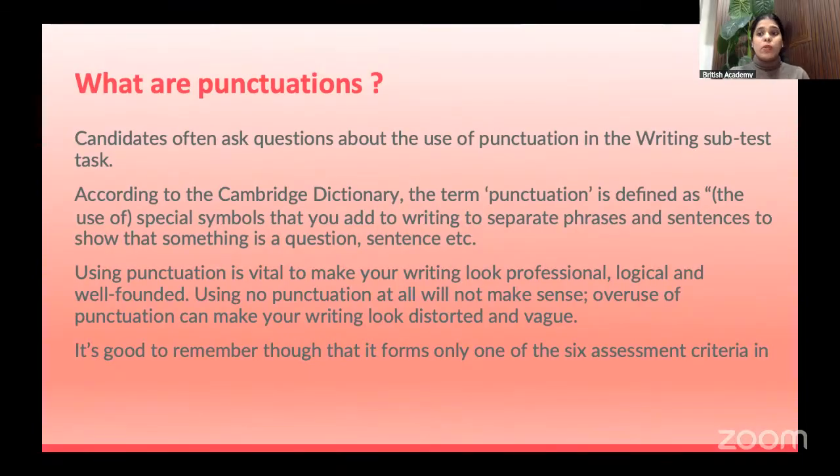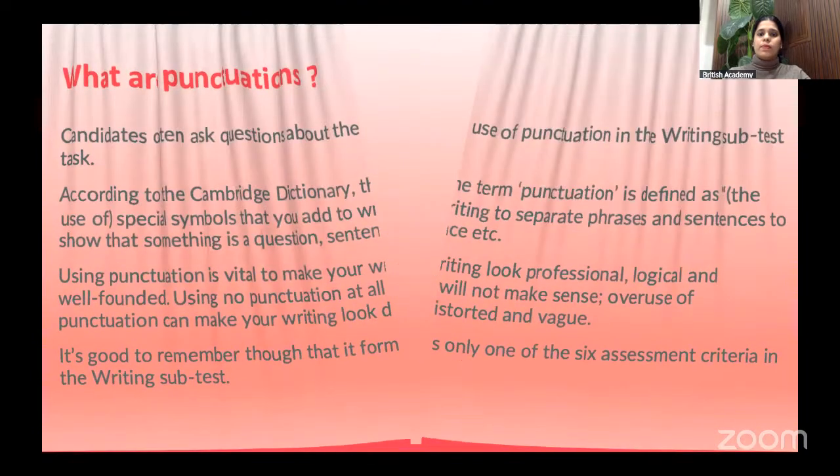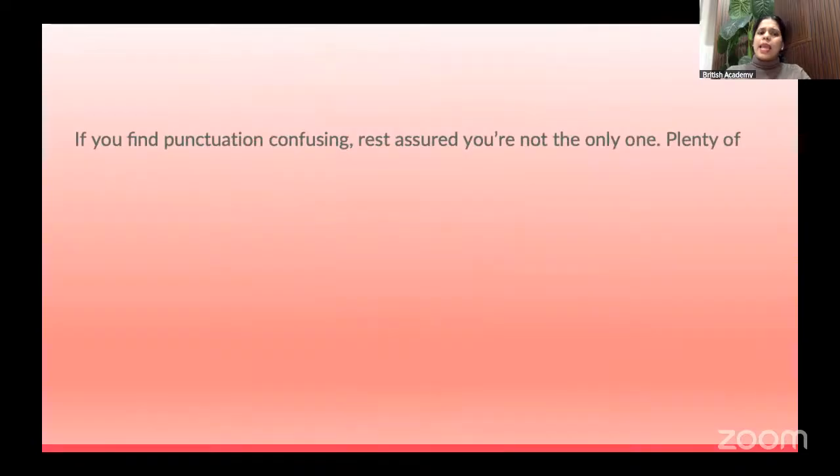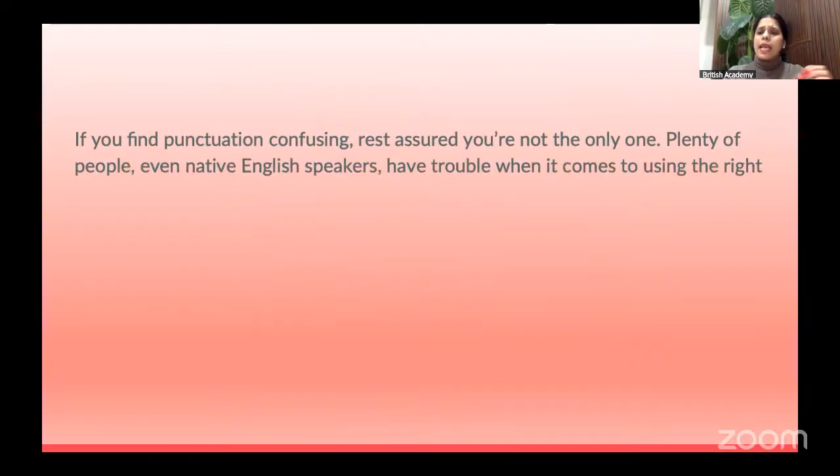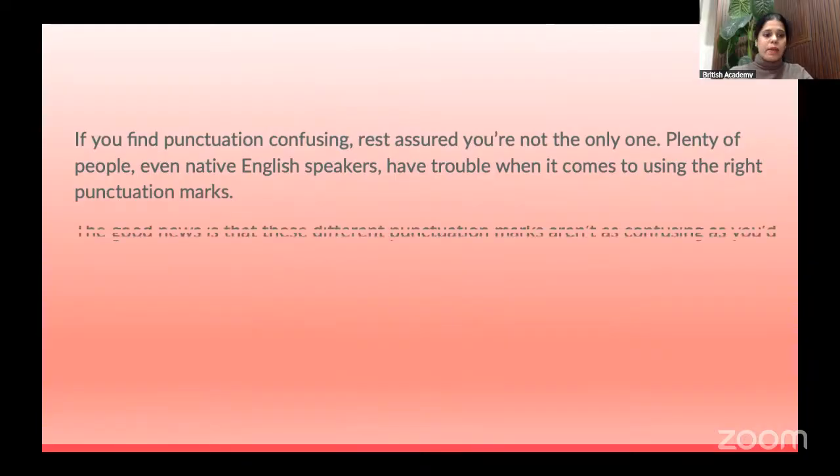I also want to tell you that you have assessment criteria in writing, and punctuation forms one of the assessment criteria in the writing subtest. Now, if you find punctuation confusing, rest assured, you're not the only one. Even native English speakers have some trouble when it comes to using the right punctuation marks.